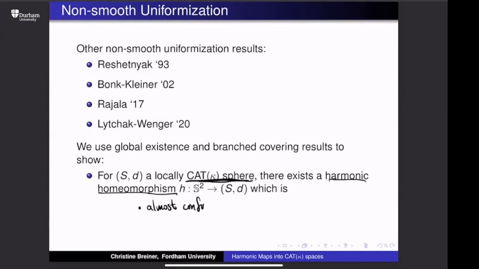And what we mean by that is, in the Korevaar-Schoen notion of conformality and almost conformality, they define directional energy densities. And then you can get an inner product structure on the target by doing some pullback work there. So you define a pullback inner product to talk about almost conformality of this map. And second, we show that it's 1 quasi-conformal.